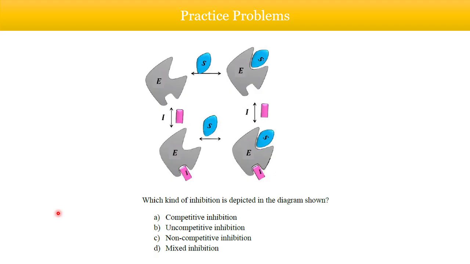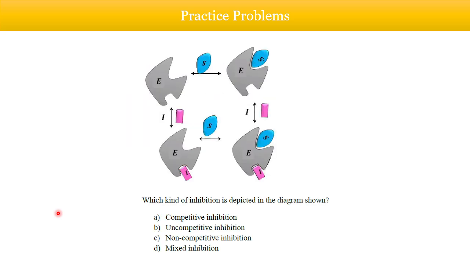Okay, the next one. Which kind of inhibition is depicted in the diagram shown? So you are seeing a certain kind of inhibition. You have to tell what kind of inhibition we are actually seeing.